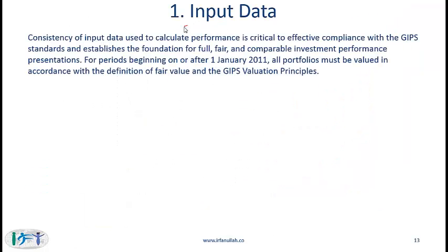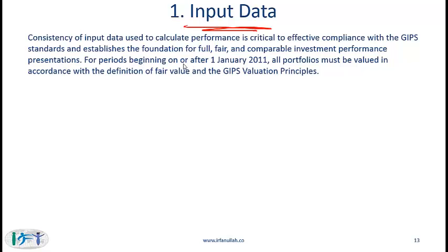Now we will talk briefly about the remaining 8 provisions, and as I have mentioned before, these 8 provisions are discussed in detail at level 3. Here you simply need to get a general sense. Input data. Consistency of input data used to calculate performance is critical to effective compliance with the GIPS standards and establishes the foundation for full, fair, and comparable investment performance presentations.